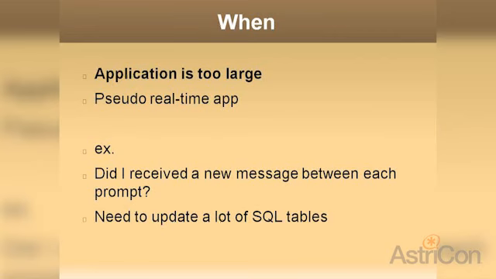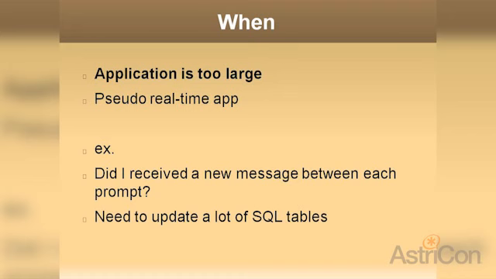When to use them? When your application is too large. If you're doing some billing or pseudo-real-time application, let's say I've written some dating services IVR. On each prompt, between each prompt, I have to call a function to verify: did I receive a new message?